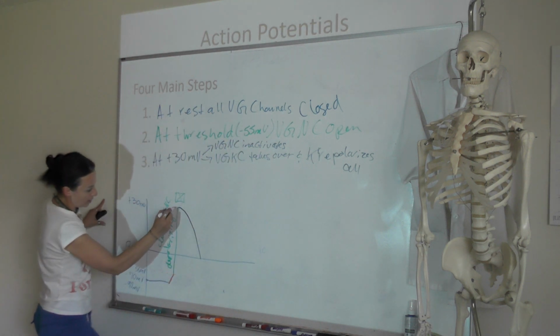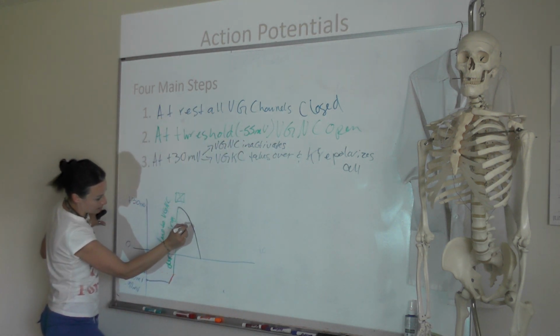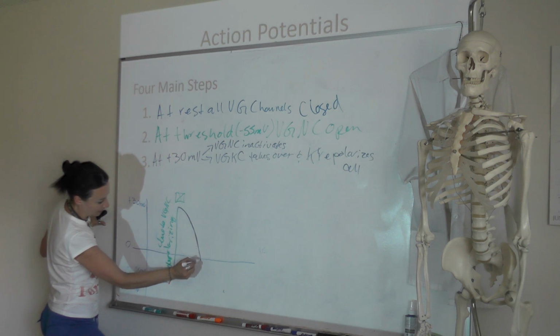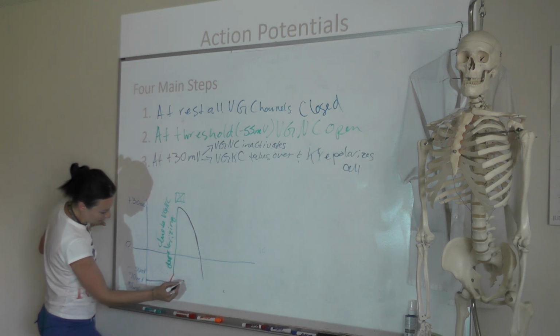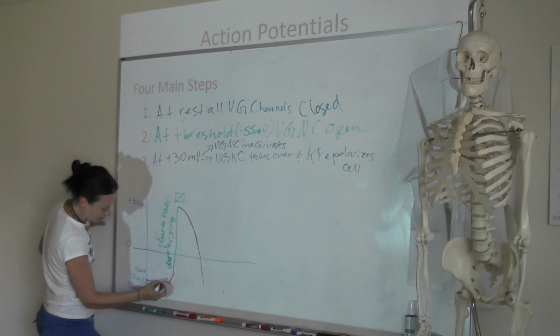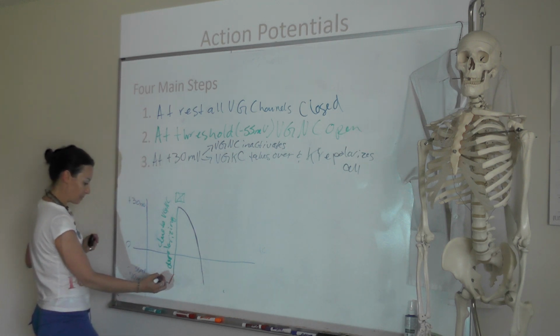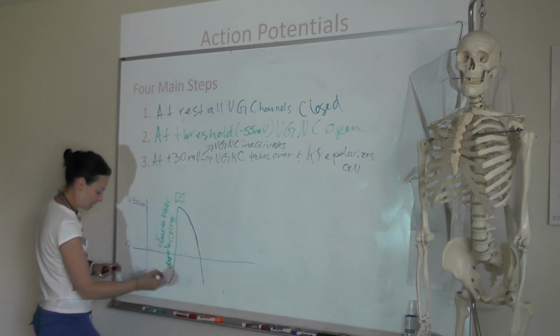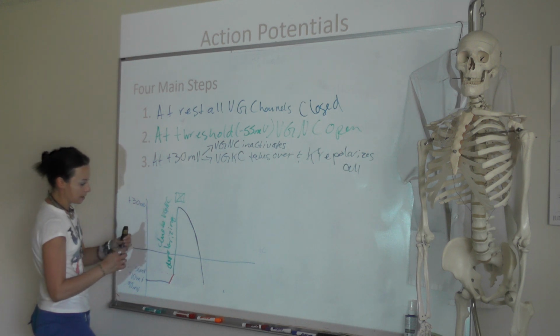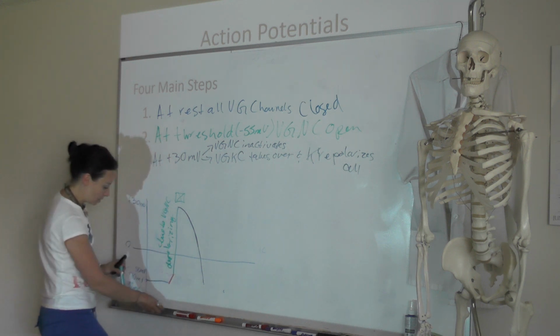So now when I'm repolarizing the cell, positive charge is exiting, I'm becoming negative again. When I get somewhere between resting threshold and resting membrane potential, this channel is going to convert back to just closed.